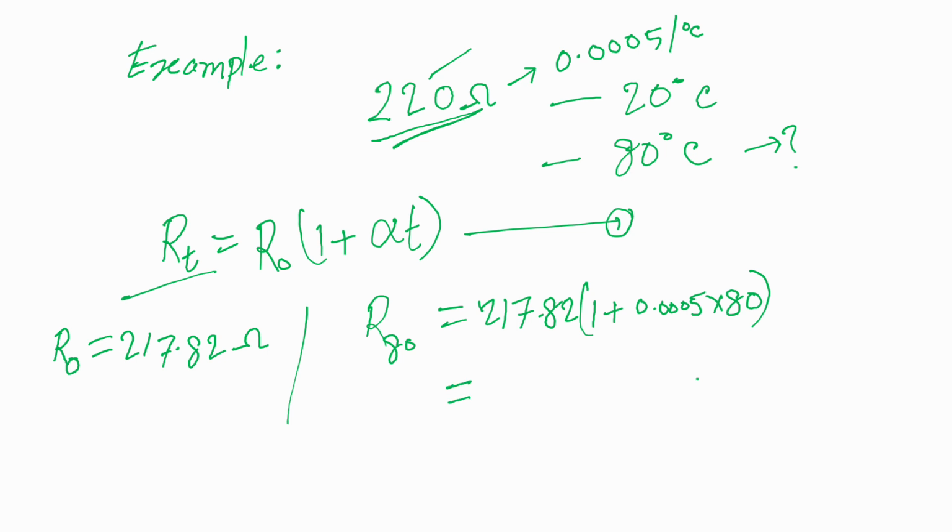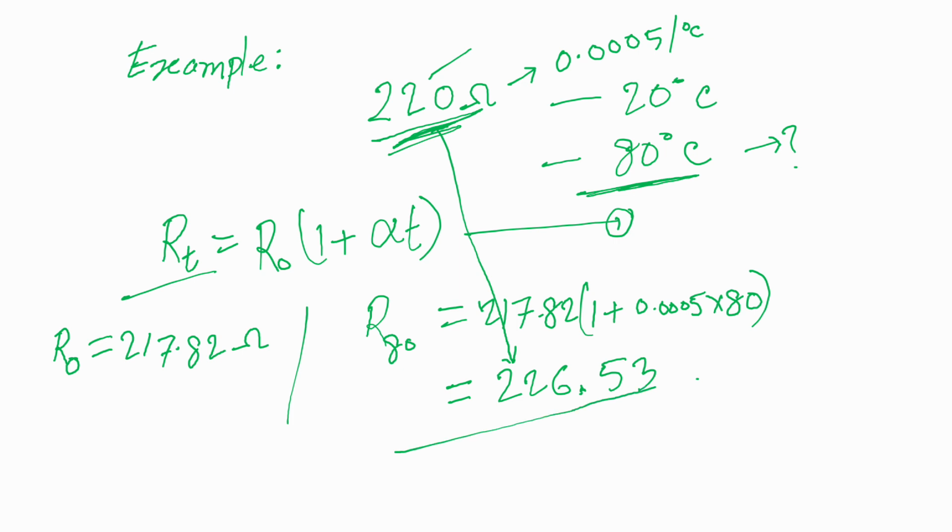After calculation, I found it is 226.53. So you can see that at 80 degrees Celsius, this resistor value has changed to 226.53 ohm.